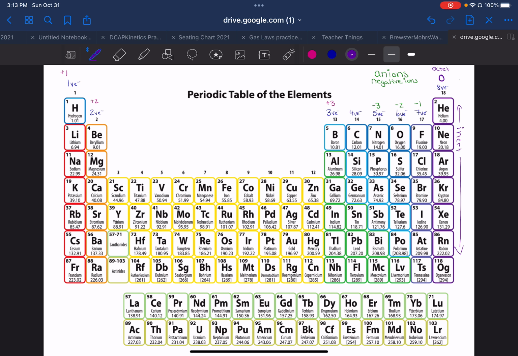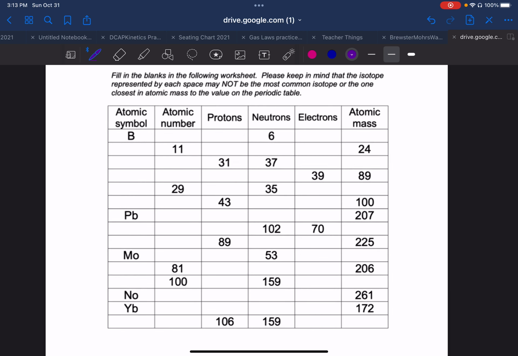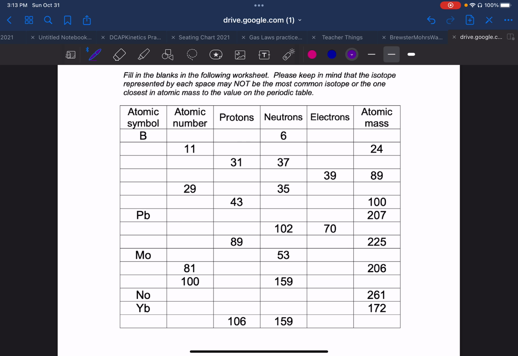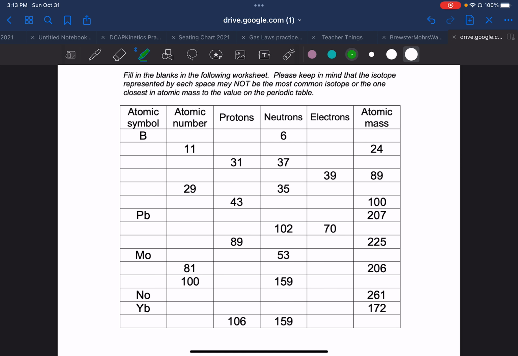Okay. Now, one of the things I'll be asking you to do is be able to take this information and start answering various questions with it. So one example of what I can do with this knowledge that I have now is I can figure out my protons, neutrons, electrons. So here I have this handy dandy worksheet, and I'm going to start first by highlighting things that I already recognize.